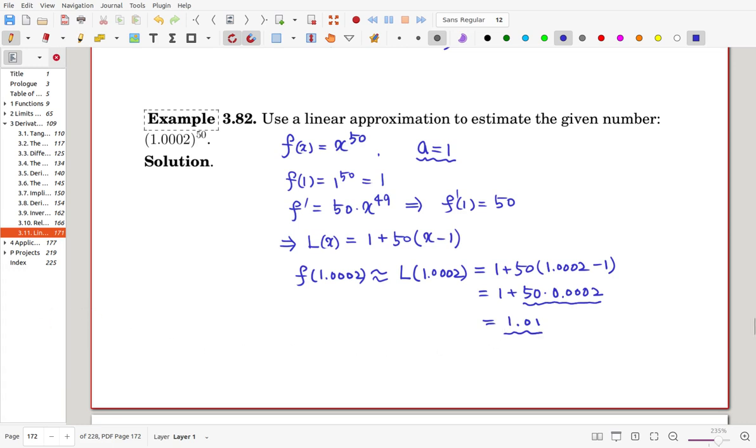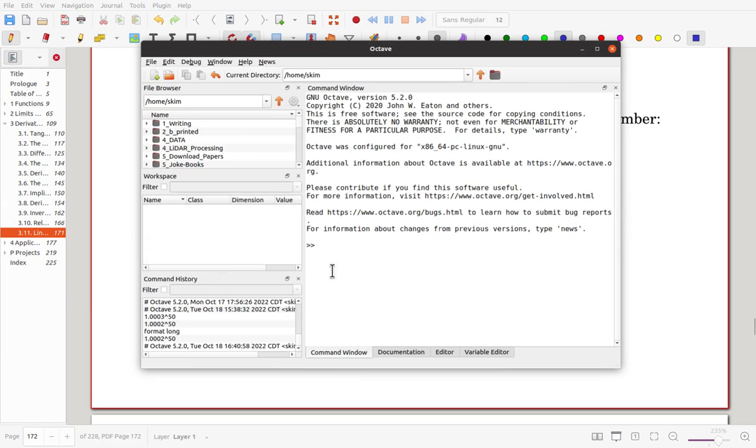Okay, let's check what the exact value is. Now here, by using Octave, which is a free, public version of MATLAB, let's try 1.0002 to the 50. That is now 1.01. We cannot see the exact result because it's the short display, so let's make a long display.